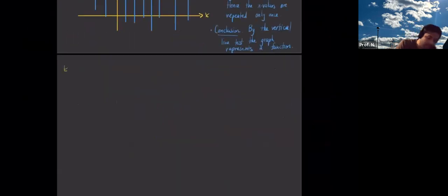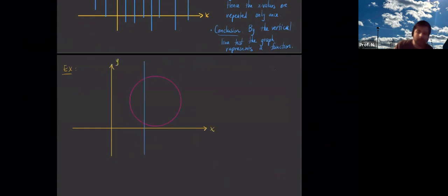Now, what if I have an example of a graph that looks something like this? A circle, just a good old circle. What happens the moment I just draw one vertical line? In that moment, I know exactly that it crosses it twice. So then we say, again, we use the vertical line test, right?